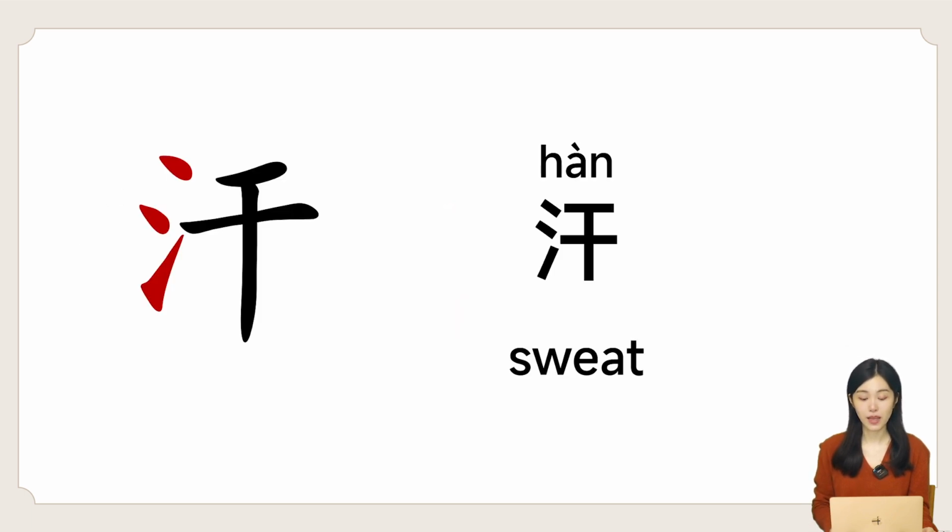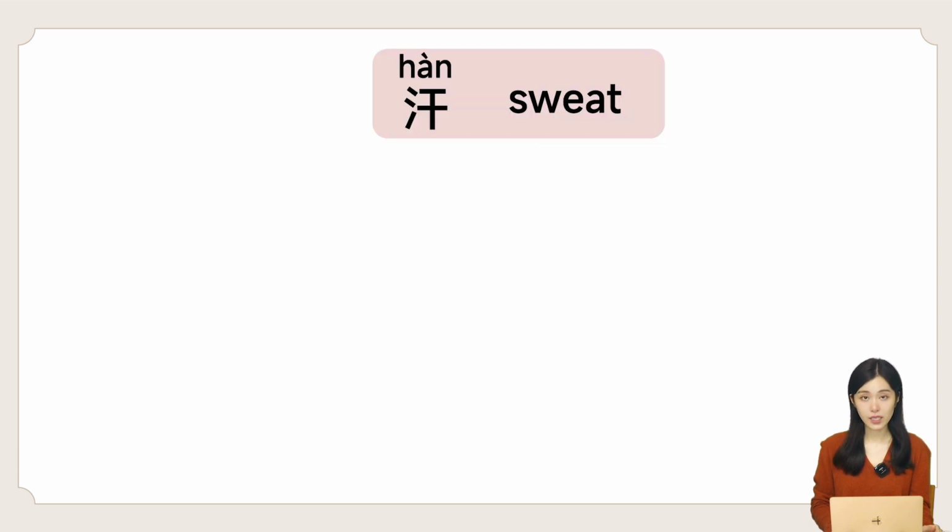汗 means sweat. Please read it after me. 汗. See how to write it. First we write the radical on the left. So first we write the dot on the top, the dot in the middle, and then a rising.